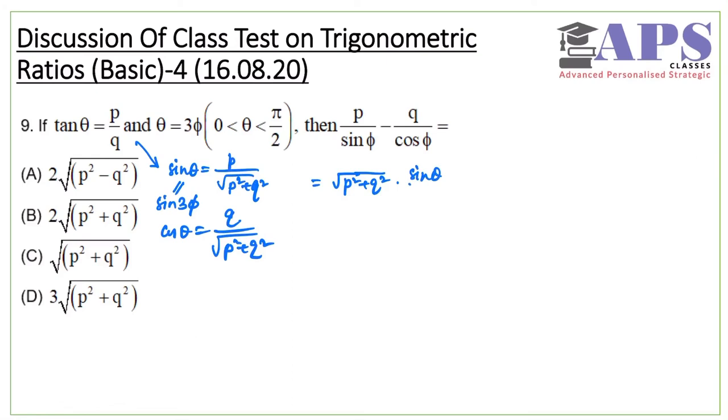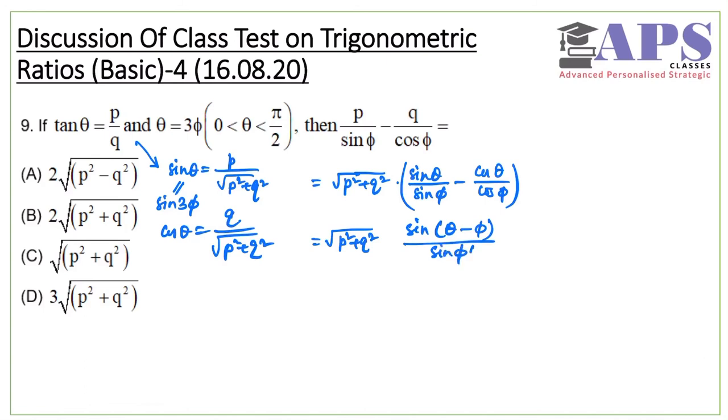So that is sin theta by sin phi minus cos theta by cos phi. If I take that common, this is equal to root over p square plus q square, and sin of theta minus phi after taking LCM, here is sin phi cos phi. So now can we put theta as 3 phi?